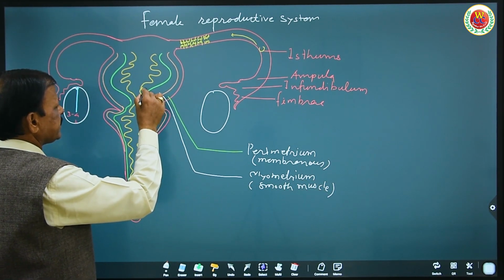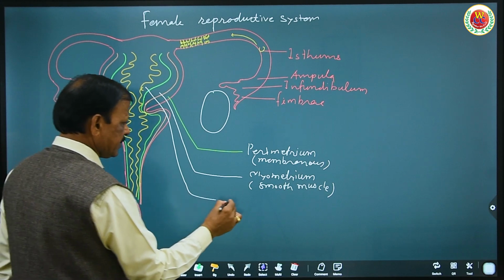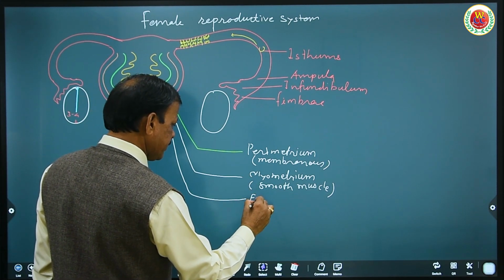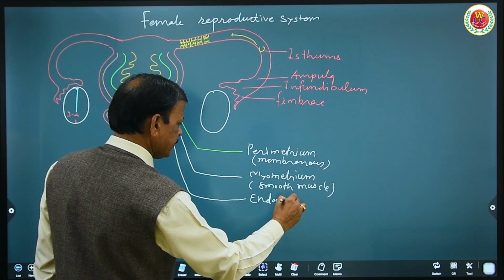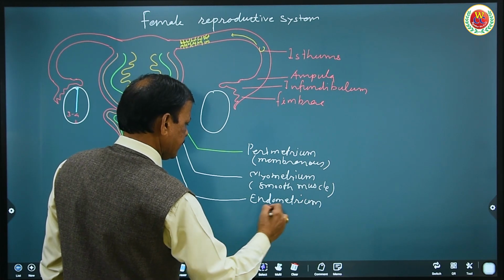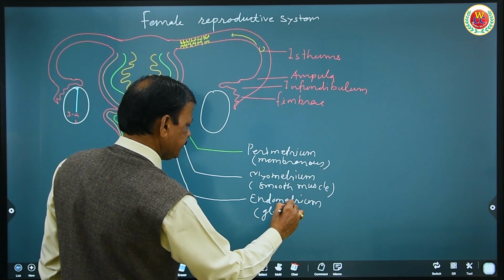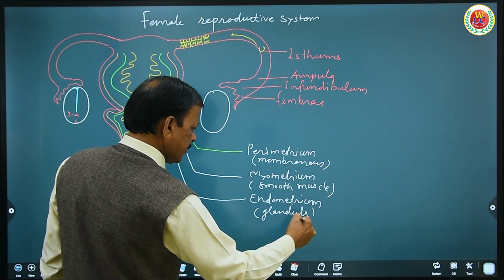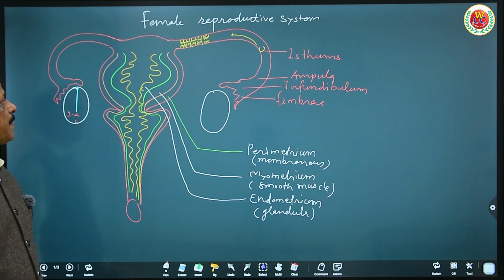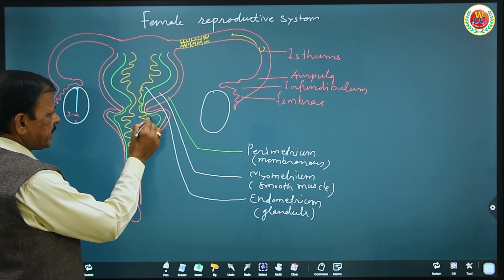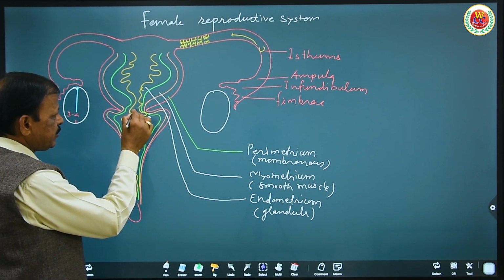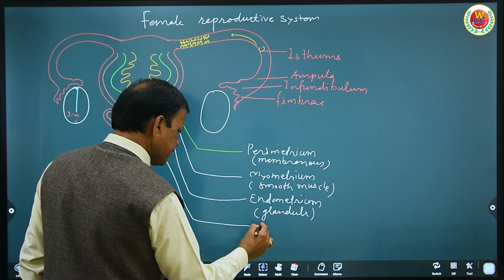The innermost layer is folded and highly glandular. This is the endometrium. It is glandular, has mucus glands to secrete mucus. The area from where it opens into the vagina is called the cervix.